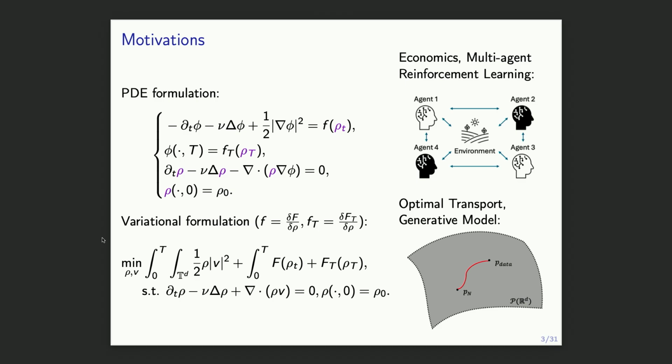Another formulation that is more favorable in the machine learning community is the variational formulation, and sometimes it is also called mean-field control. The idea is if your interaction and terminal costs derive from some potential, then you can reformulate this coupled PDE system as an optimization problem, which after some change of variable has a linear constraint and some convex objective. So you have many algorithms to deal with it.